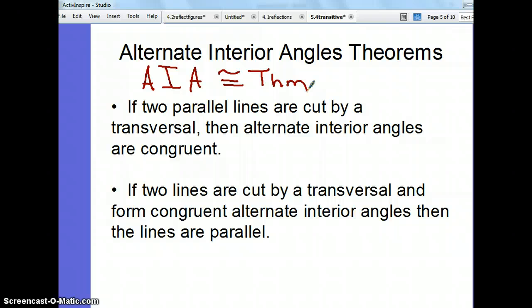And it's a biconditional, so it goes in both directions. Of course, the picture is the two parallel lines and the transversal and this angle to this angle. And so we just proved that this theorem is true for that last problem, and it is also true in all parallel lines and transversal situations.